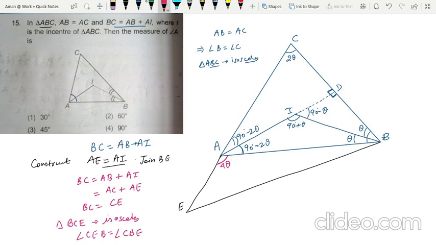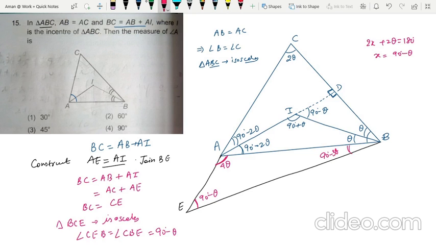Let this be x, so 2x plus 2 theta is equal to 180. So x is 90 degrees minus theta. Also, if this is 4 theta and this is 90 minus theta, this angle becomes 90 degrees minus 3 theta.